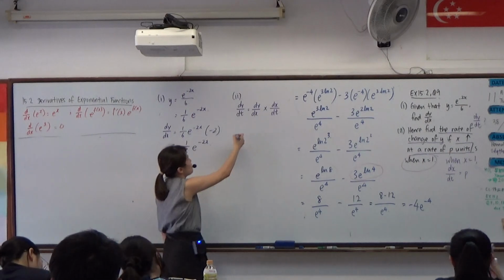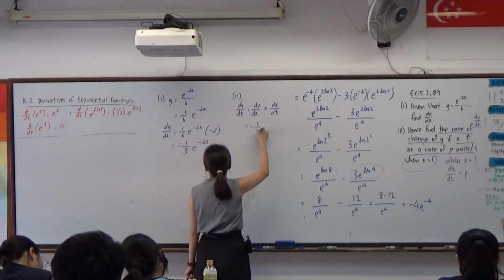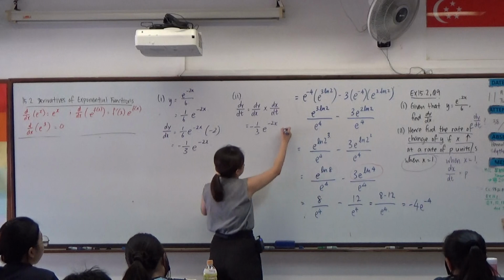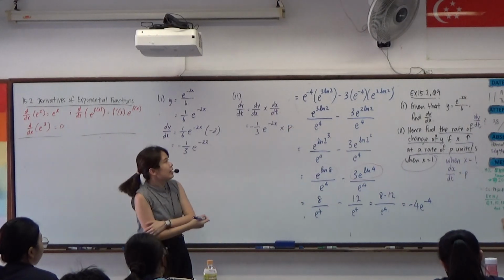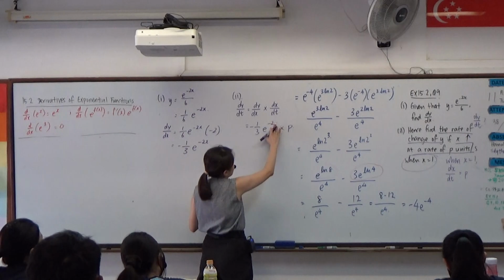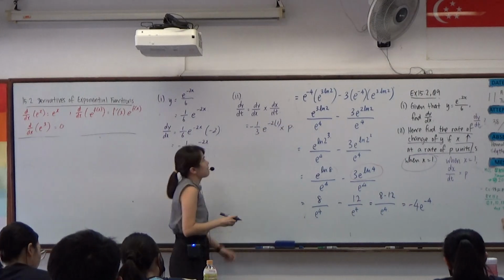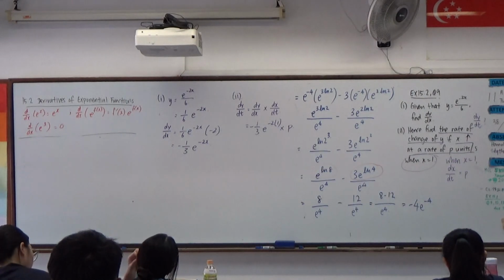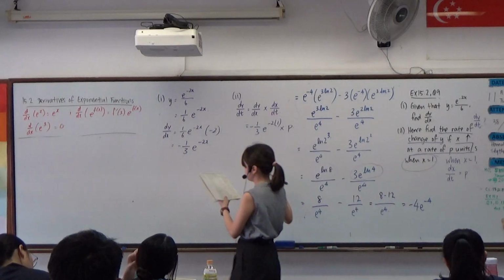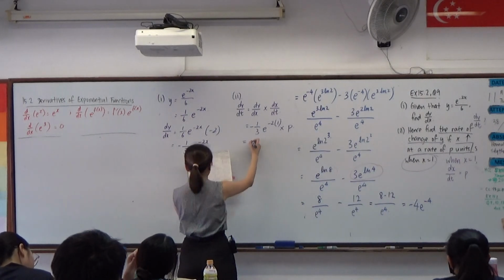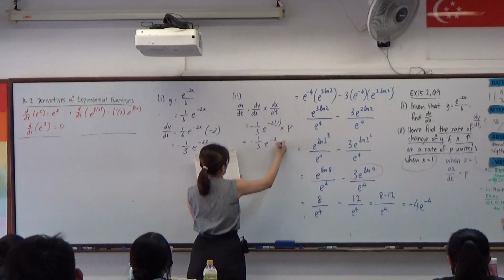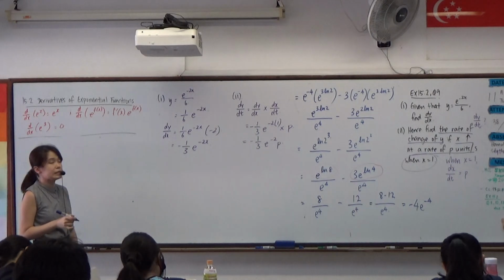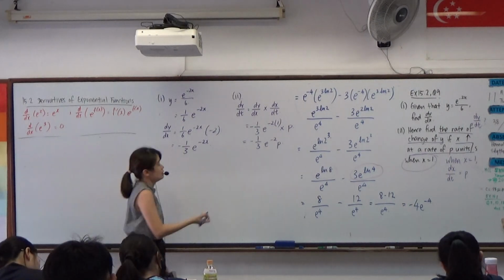So that will be our connected rate of change formula. And then dy over dx will be negative 1/3 e to the power negative 2x, while dx over dt is actually p, and that is when x is equal to 1, so we can change this x over here to 1. And hence our dy over dt will be equal to negative 1/3 e to the power negative 2 times p.